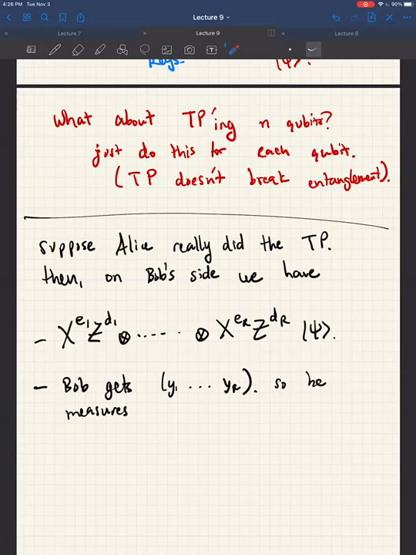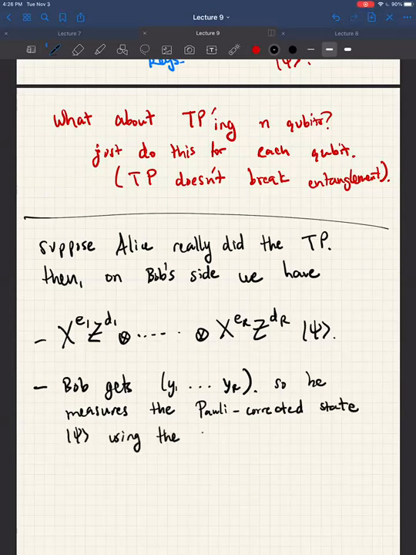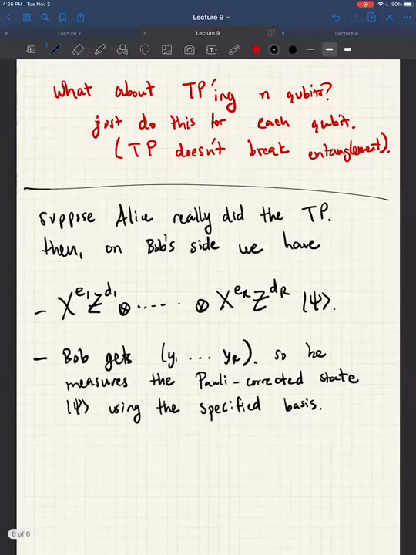But the good thing is that even though the state is messed up, we can correct the measurement outcomes in a predictable way, provided we know what the teleportation keys are. And I'm going to tell you how this correction happens.